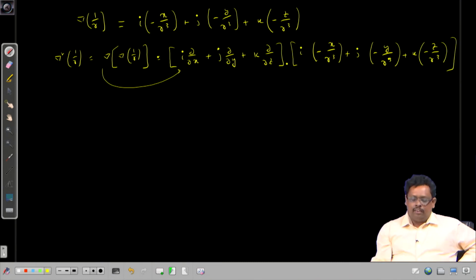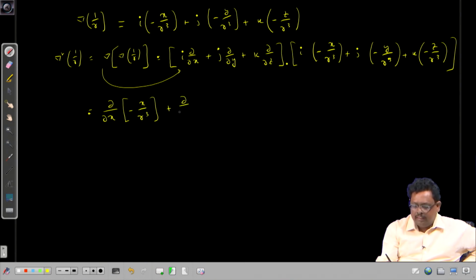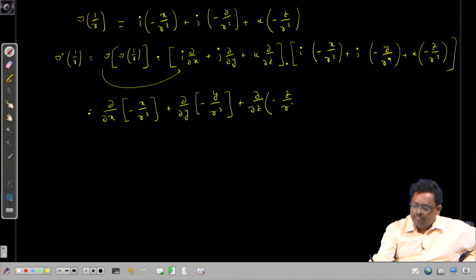If I use the dot product, it is simple. Then I get del x of minus x by r cube plus del y of minus y by r cube plus del z of minus z by r cube.